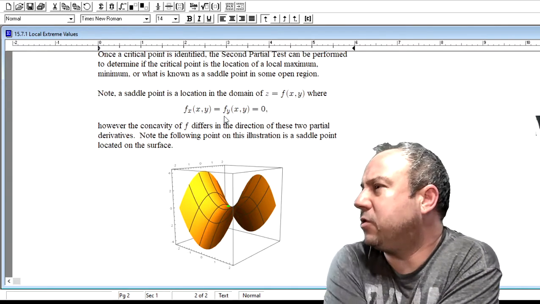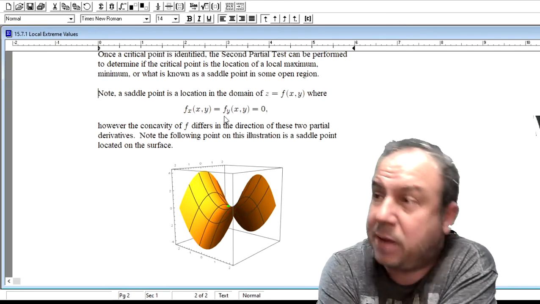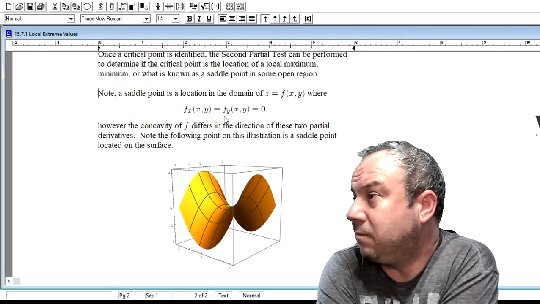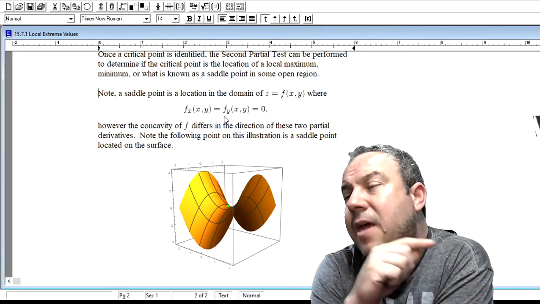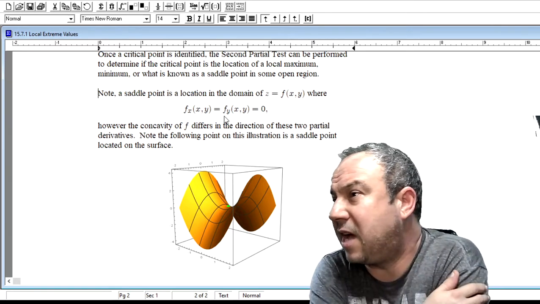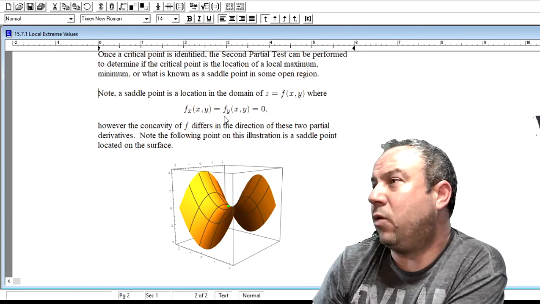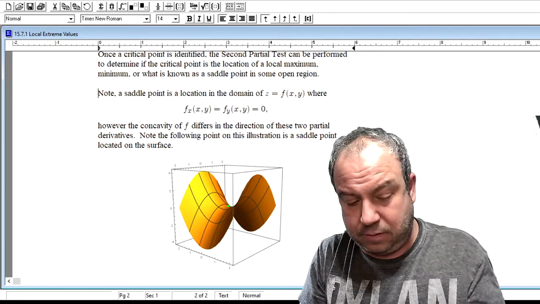It's where the two first partials of f with respect to x and y do equal 0 simultaneously, but their concavity does not form in the same direction. In one case, the concavity forms up, and in the second case, it forms down.